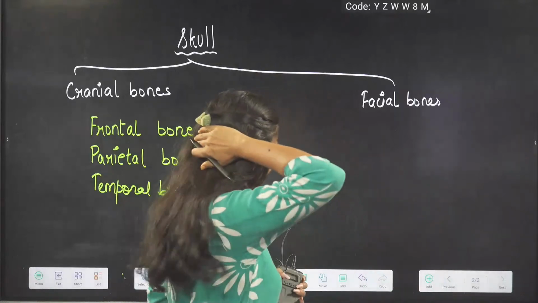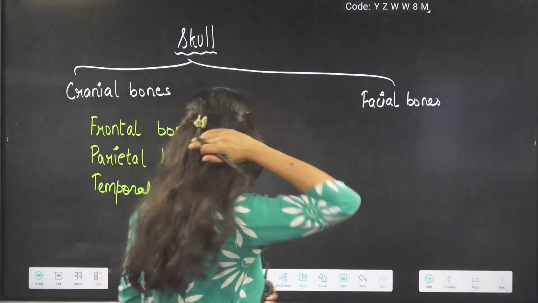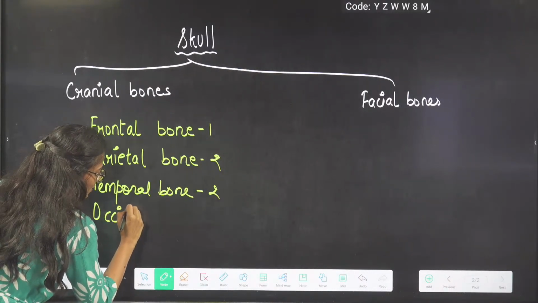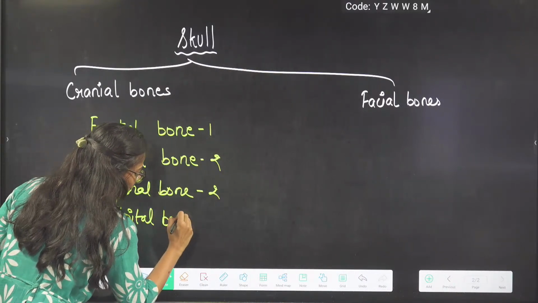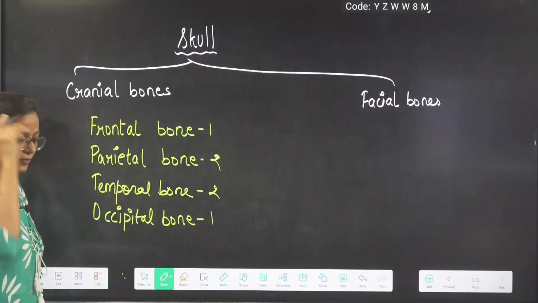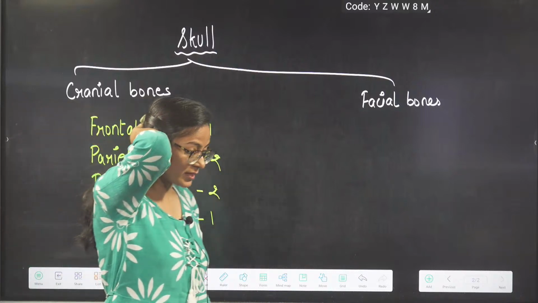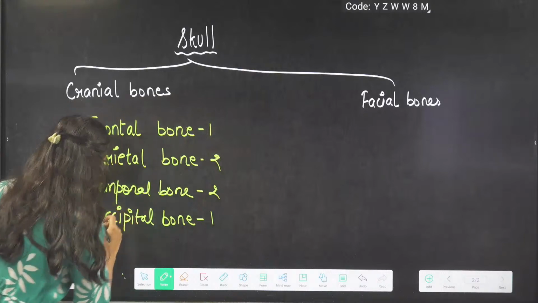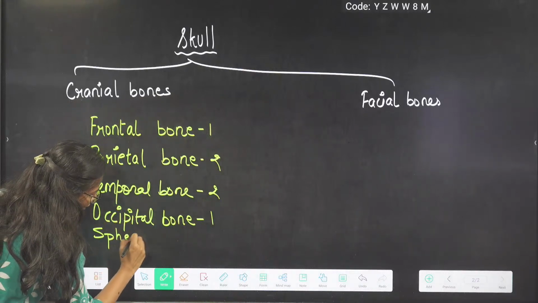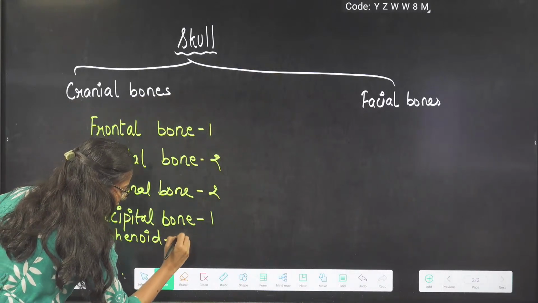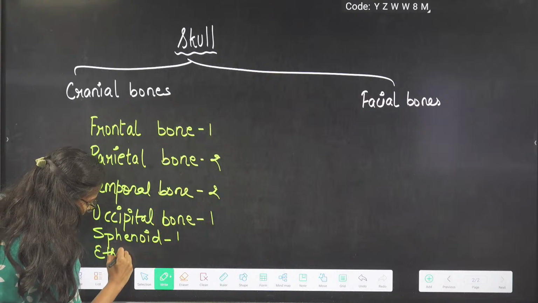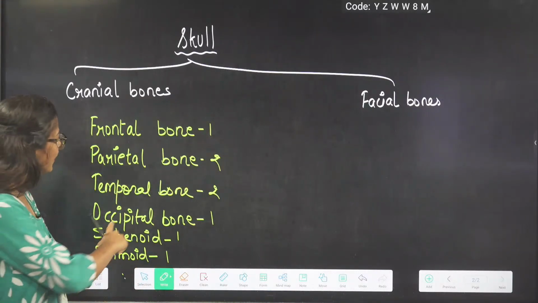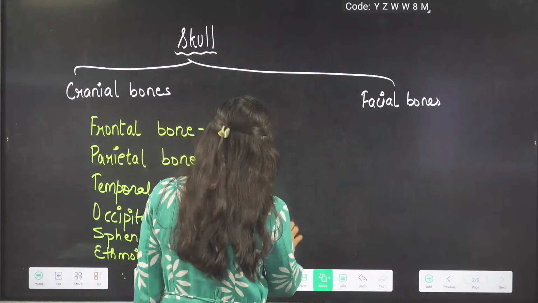And then finally this behind portion, there you have the occipital bone. Occipital bone is just one here, covering this back portion, right? Apart from these, there are two more bones. One of them is called sphenoid, that is just one, and then there is ethmoid, that is again one bone. I will tell you now the locations of them, right?